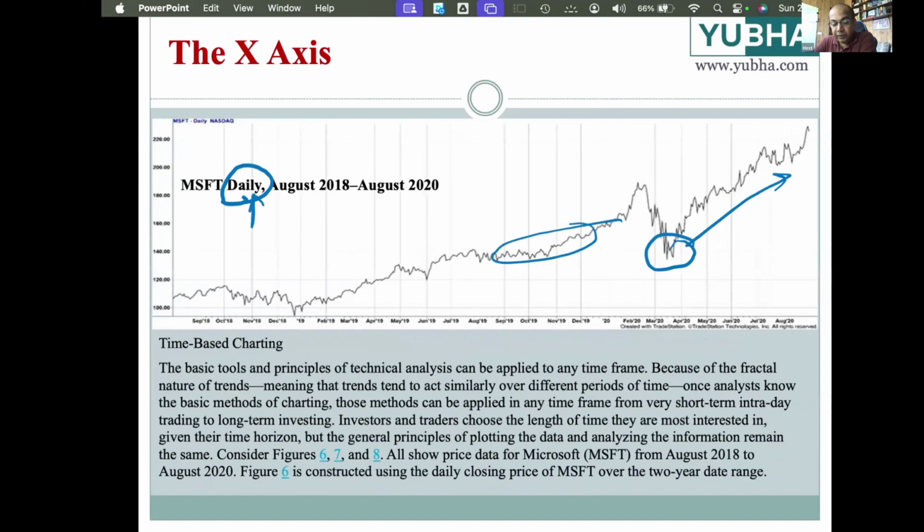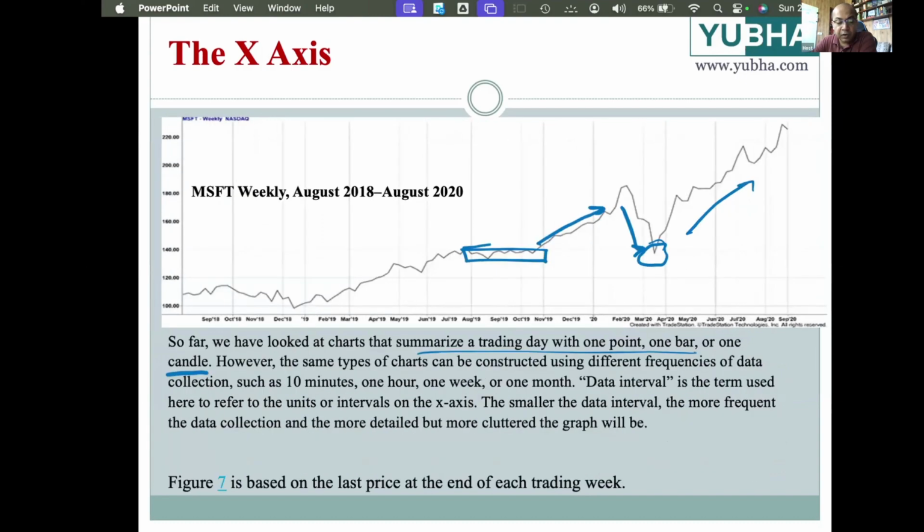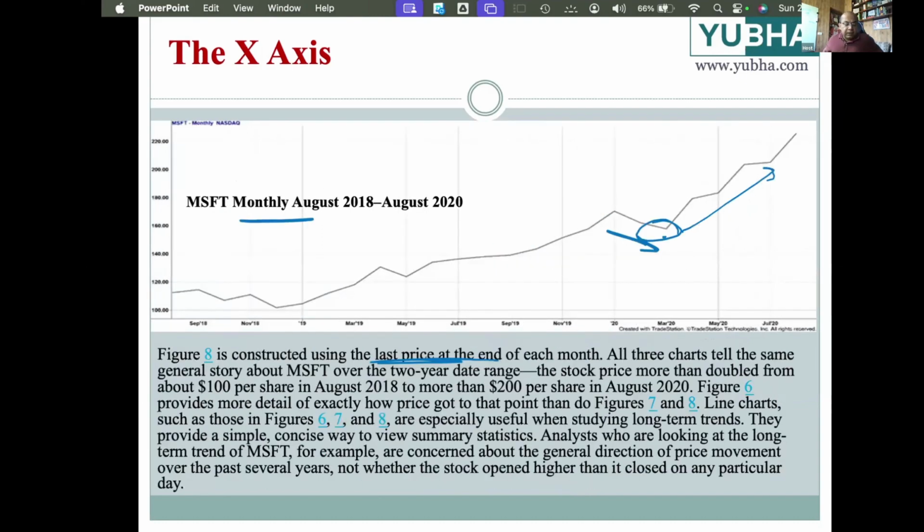So irrespective of what time frame you're using, what type of tool you're using, whether it's a line chart, bar chart, candlestick chart, all of those, depending on the time frame and the kind of trade that you want to take, all of them provide you similar information, and depending on the time frame of your trade, you can look at what it is that you want to trade and for what duration.